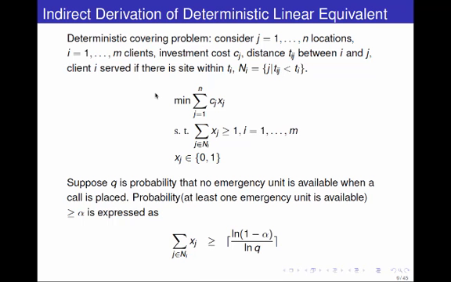In this example we have a covering problem where we have n locations where we can actually decide to locate, with an investment cost Cj for locating in each of those locations, and m clients indexed by i that we want to serve.